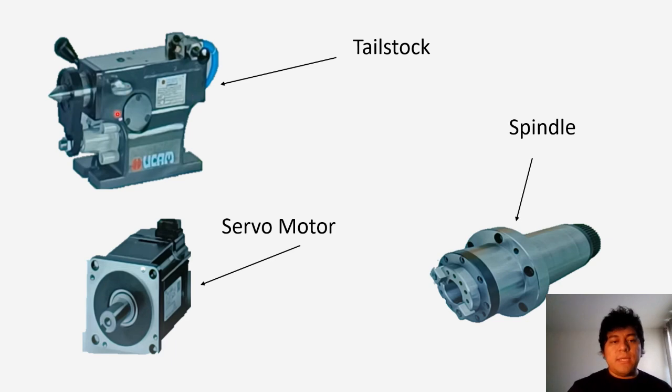The difference is that there's no wheel to slide the ram, because the whole machine does it automatically. So you only need to make sure that if your piece is very long, you use the tailstock to hold the end of the material so you can continue manufacturing precisely.